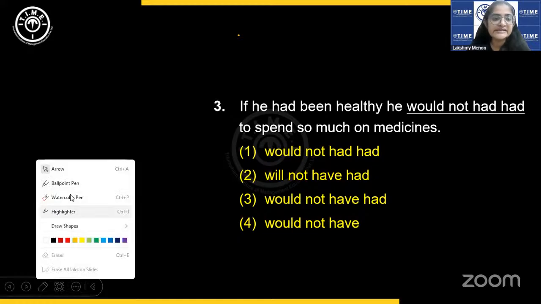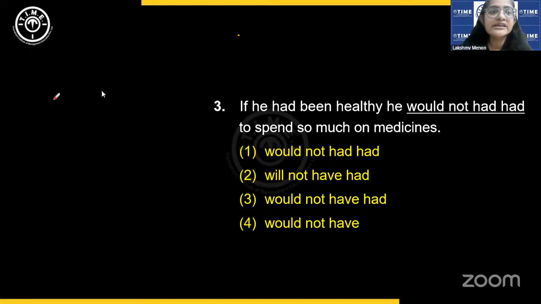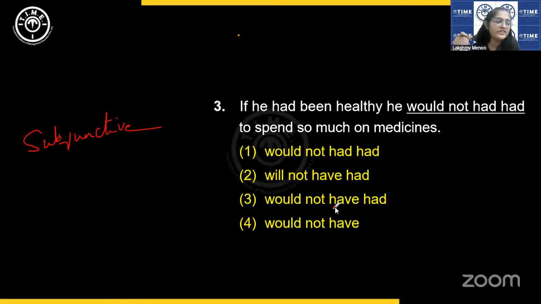Subjunctive mood is when you talk about things that are not real, a hypothetical situation or an imaginary situation. If he had been healthy, which means that he is not healthy. If he had been healthy, he would not have had to spend on medicines. When you split it that way, you get the answer. Would not have had to. So the answer is 3.